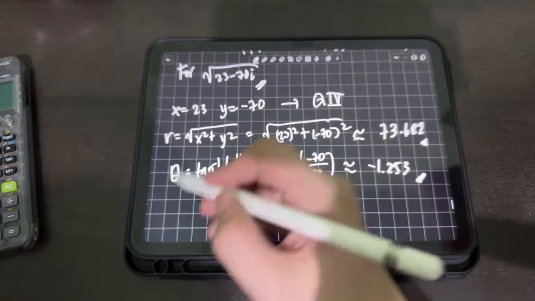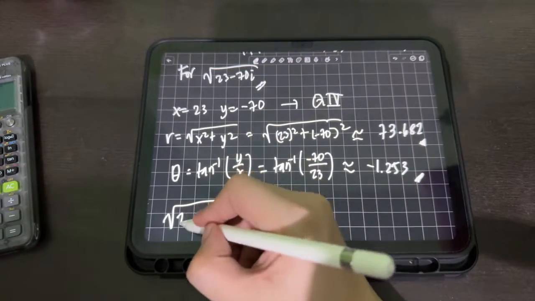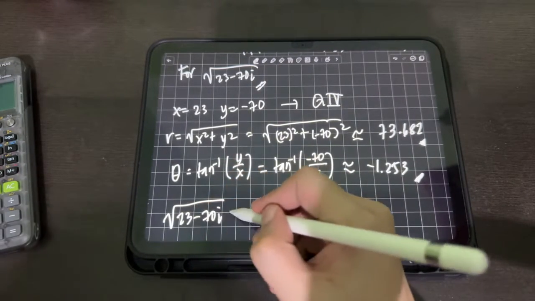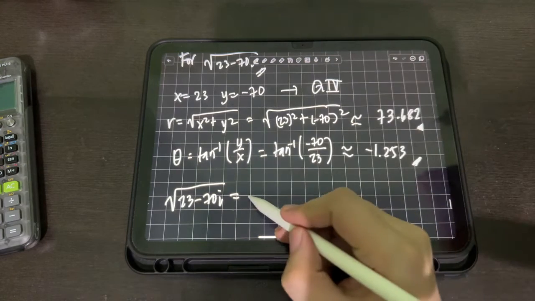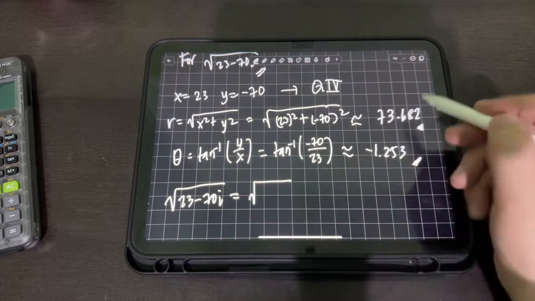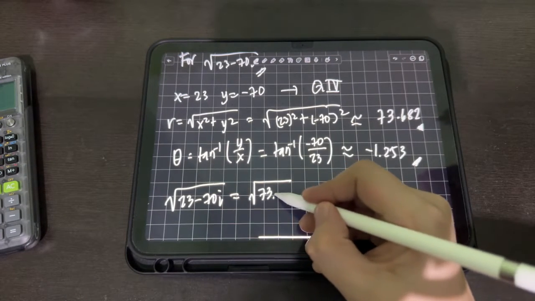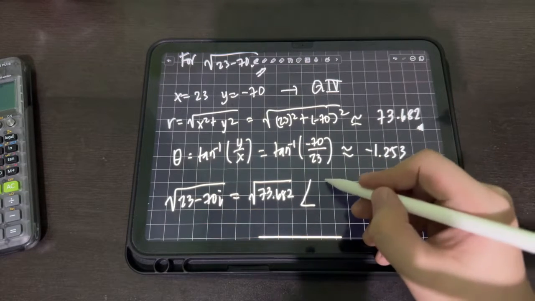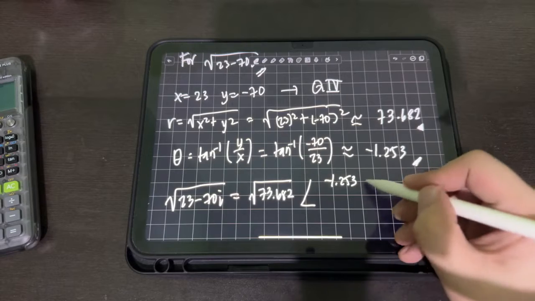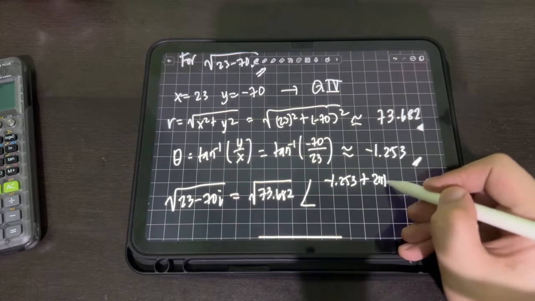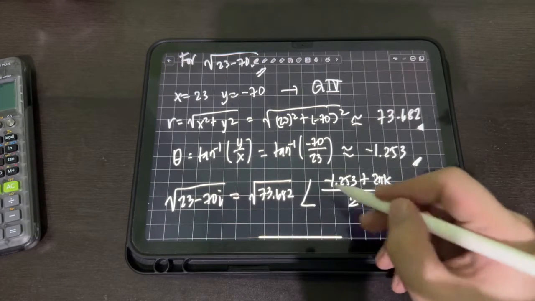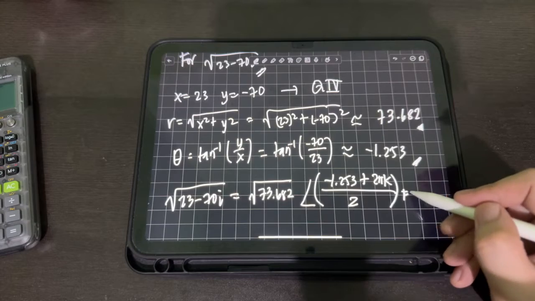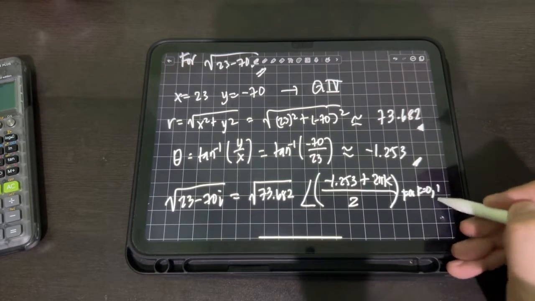Therefore, using De Moivre's theorem, the square root of 23 minus 70i is equal to the square root of r, which is 73.682, angle theta, negative 1.253 plus 2 pi k over 2, for k is 0 and 1.